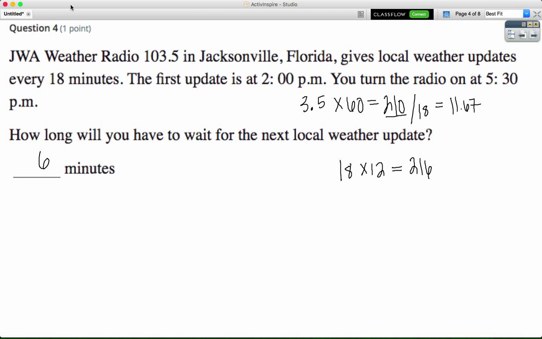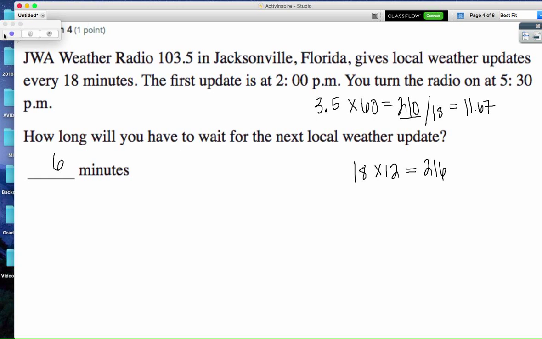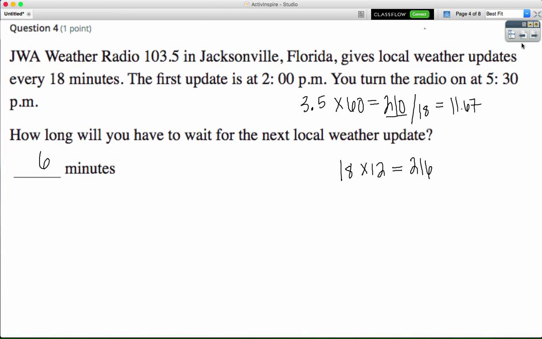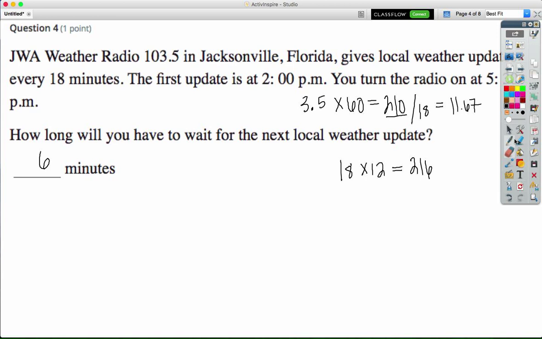The alternate way to look at this is you could have just extended the pattern, which could have taken a good little while. You would say the first update happened at 0 minutes, which is basically 2 o'clock. The next update happened 18 minutes later, 2:18.